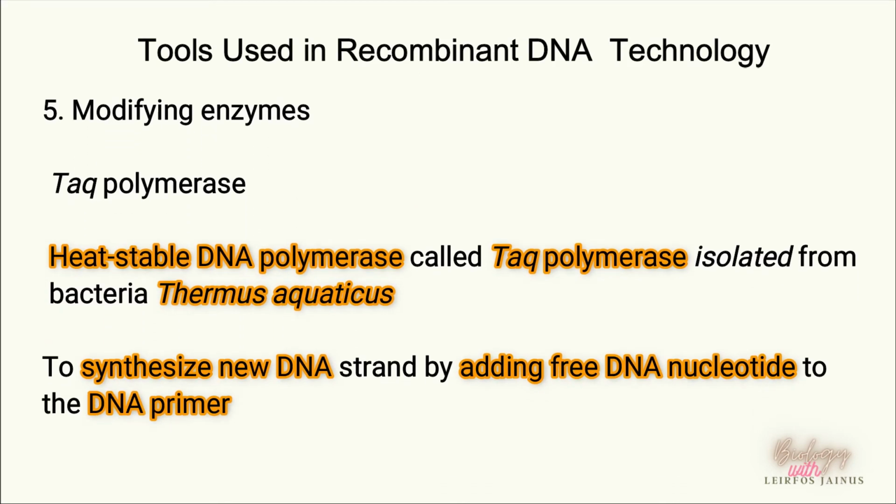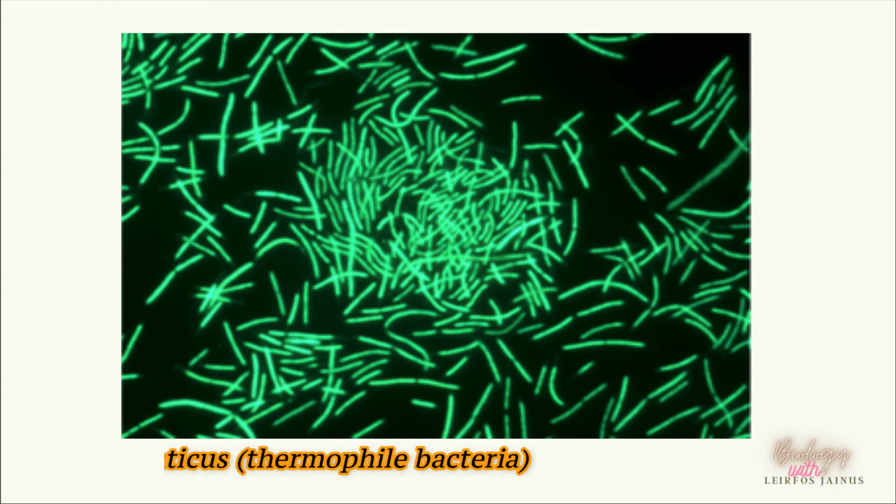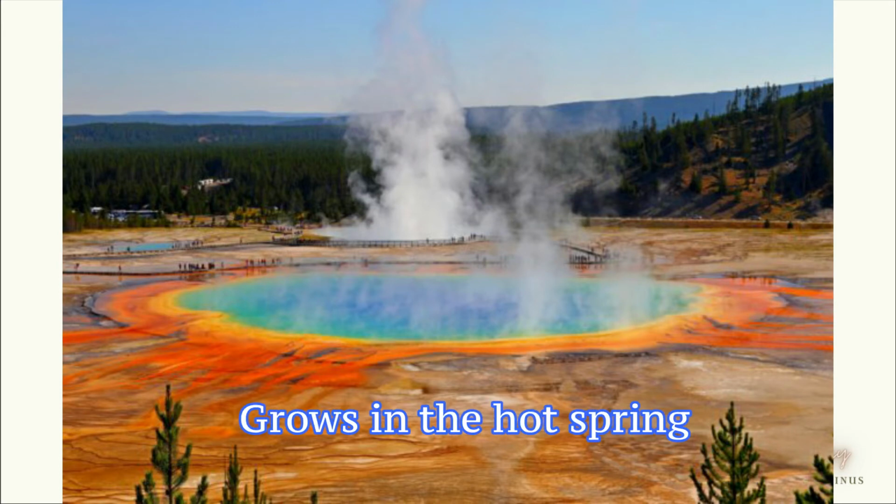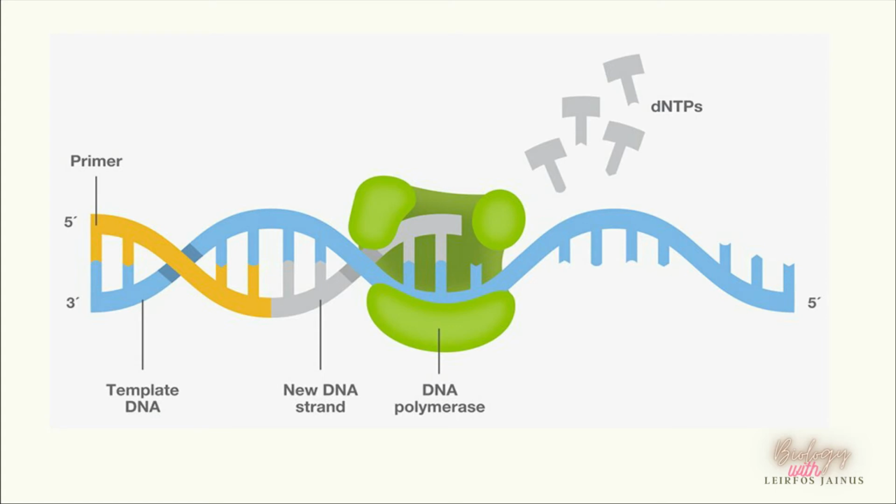The next modifying enzyme is Taq polymerase, the thermostable DNA polymerase isolated from bacteria known as Thermus aquaticus. This bacteria grows in the area of hot spring. Taq polymerase is normally used to synthesize DNA during polymerase chain reaction.